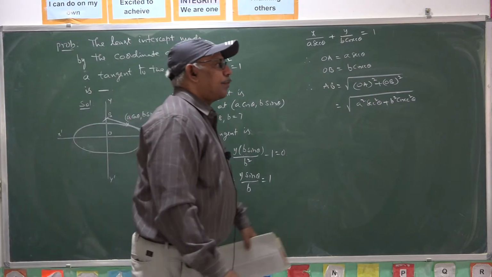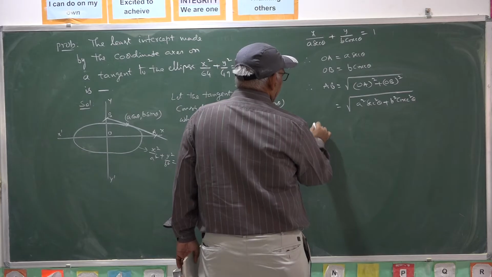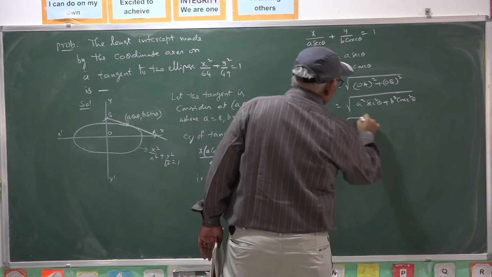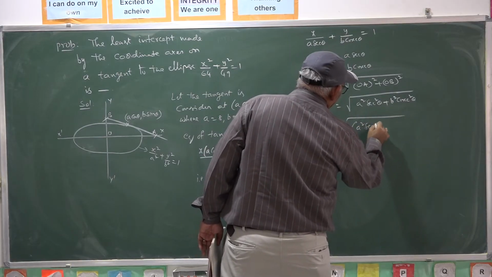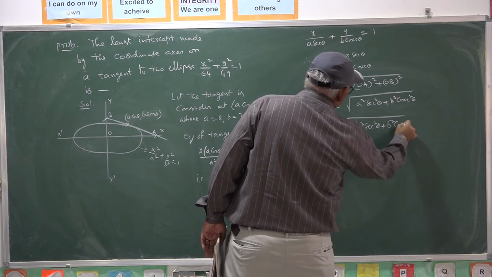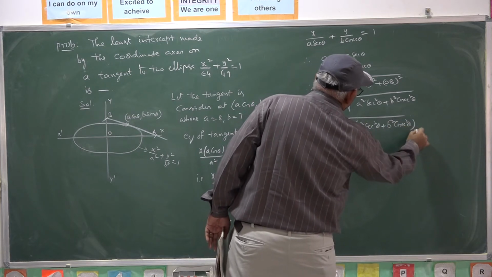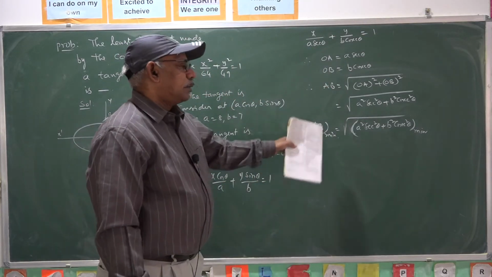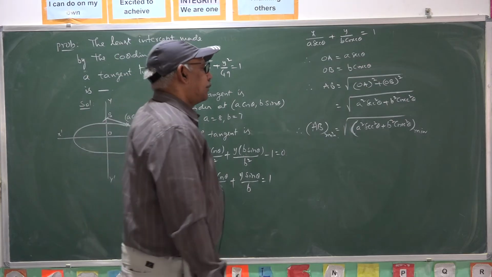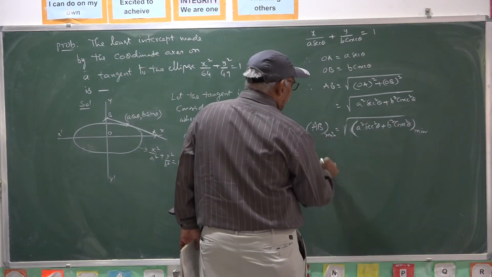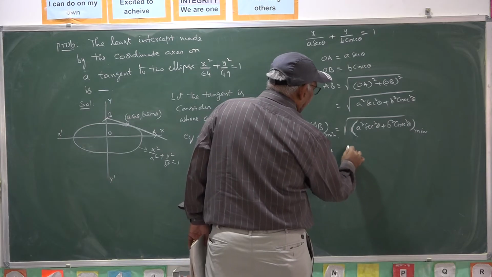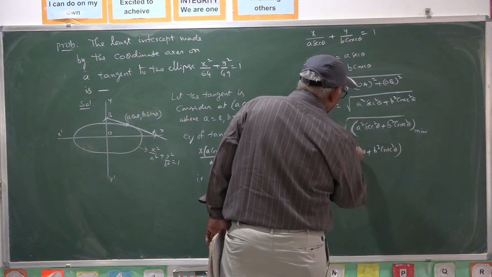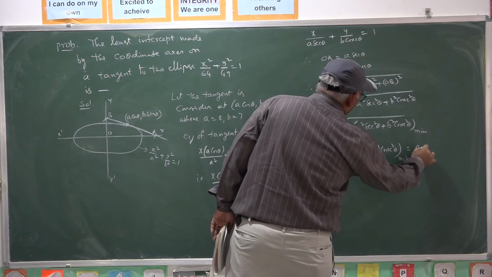So, the minimum value of AB. Therefore, AB minimum equals the square root of the minimum of the function inside the root. Once this function takes its minimum value, then AB takes the minimum value. Already we know that the minimum of a square secant square theta plus b square cosec square theta is a plus b whole square.